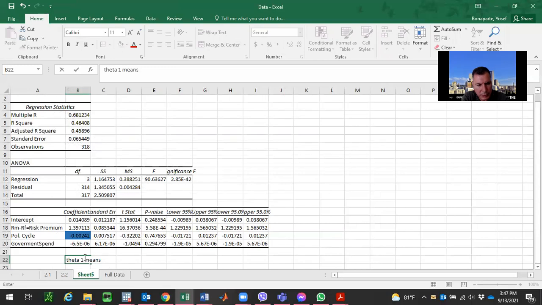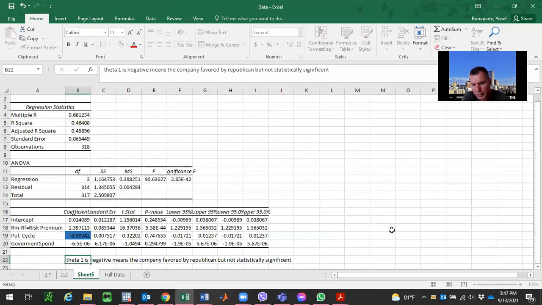Theta 1 is negative, which means the company is favored by a Republican. But the T-stat is very small, not statistically significant.